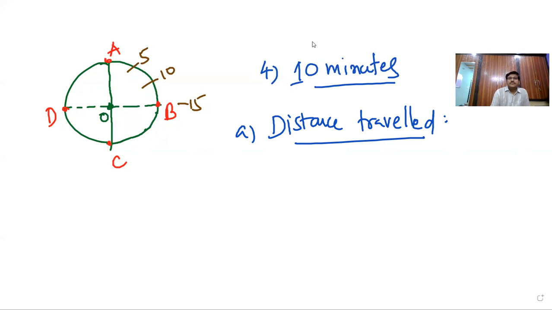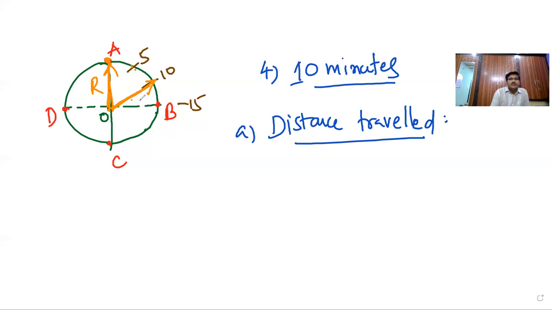Now observe, this is the minute hand, and OA is the minute hand having radius R. Clear? The initial position is A. After 5 minutes and 10 minutes, the minute hand goes here.